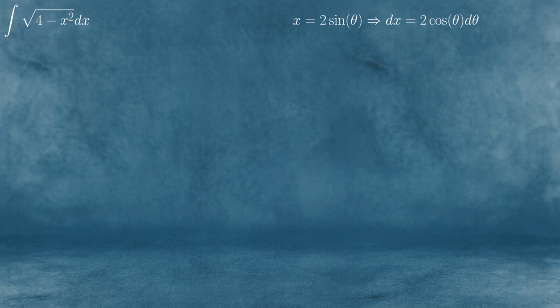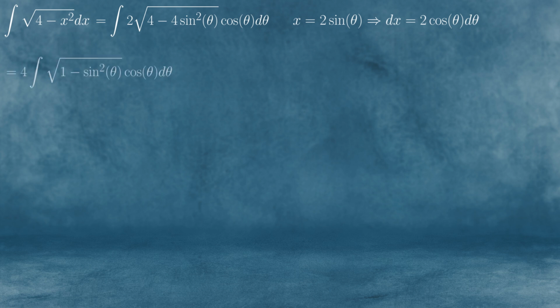And if we substitute in the previous integral, we have the integral of 2 times the square root of 4 minus 4 sine square of theta times cosine of theta d theta. And this can be written as 4 times the integral of the square root of 1 minus sine square of theta times cosine of theta d theta.